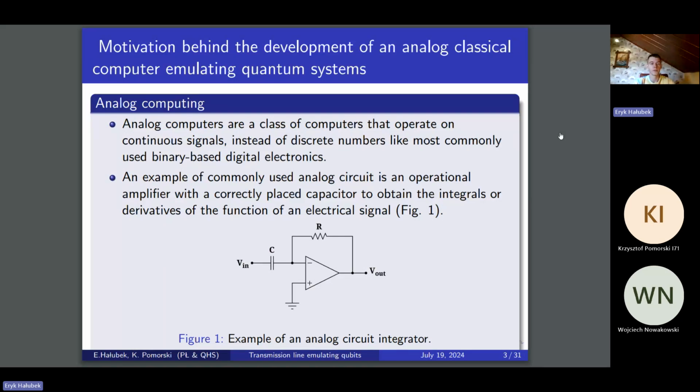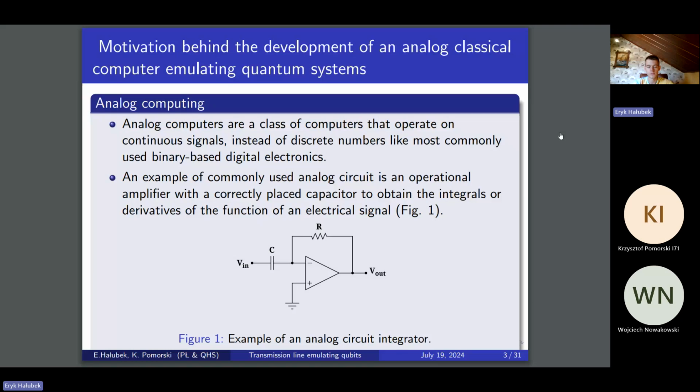The motivation. Let's begin by explaining what analog computing is. Analog computers are computers that operate on continuous signals, as opposed to digital electronics that use discrete signals.